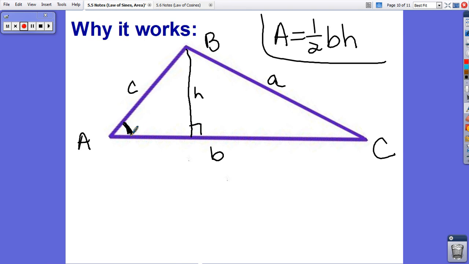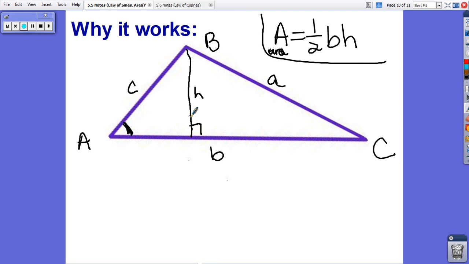So my original formula would be that area, remember this capital A really stands for area, not our angle A, area would be 1/2 the base, lowercase b, times the height, lowercase h. But we don't know what that height is. How could we find that height?